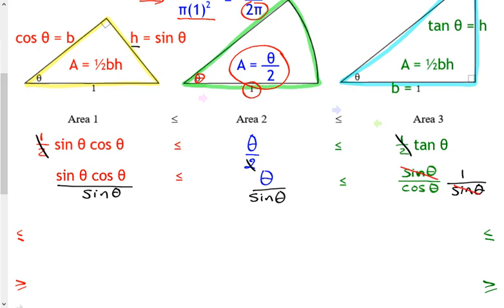Sine thetas cancel, and sine thetas here cancel as well. Which leaves me with cos theta is less than or equal to theta over sine theta, which is less than or equal to 1 over cos theta.